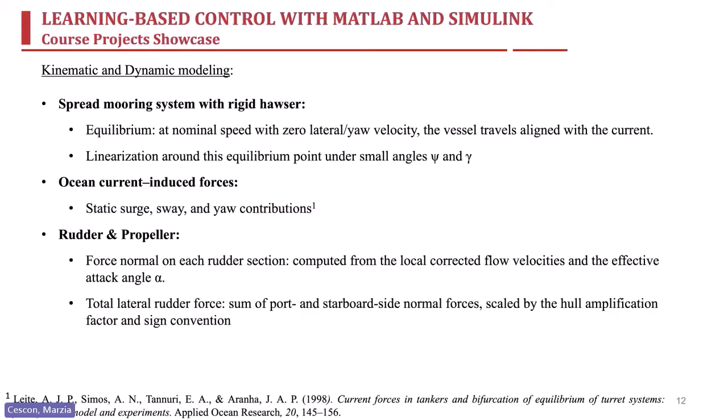For the ocean current-induced forces, again, we use a model presented in the literature, referenced here below. And for the rudder and the propeller, the propulsion systems that allow the calculation of the lateral forces as a function of the starboard deflection and velocities, we consider the force normal on each rudder section and the total lateral rudder force.